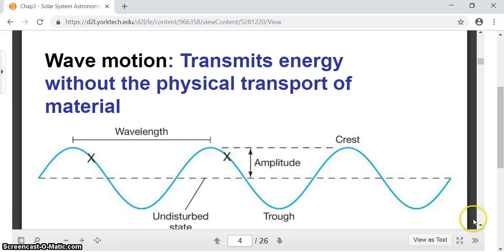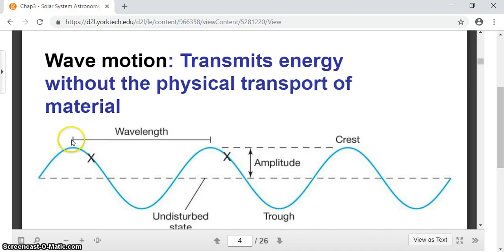All right, so the first thing is what is a wave? We could be talking about water waves or sound waves or light waves. So light, in some sense, is a wave. Why I say that is because in the field of what's called quantum mechanics, it turns out that light is also a particle. It acts like a particle as well as a wave. Right now we're just going to talk about the wave nature.